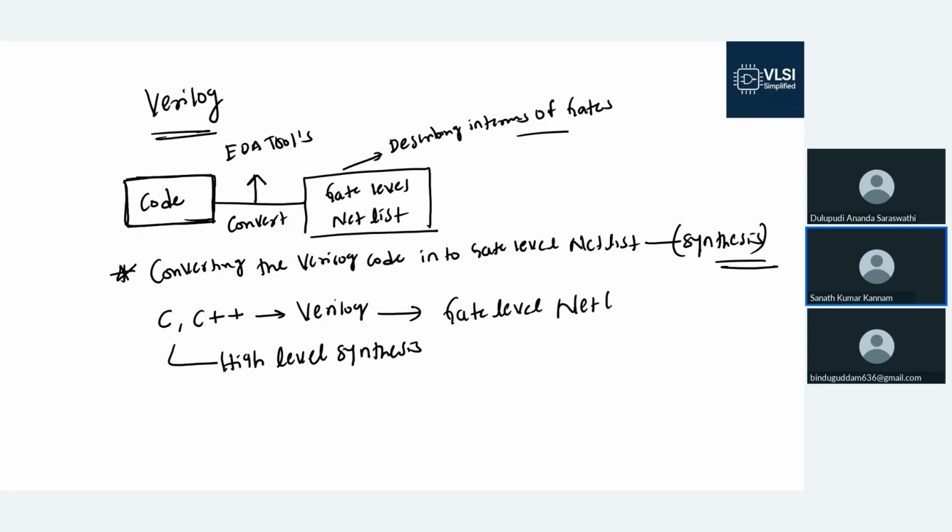The code is given to EDA, electronic design automation tools. Mostly you have Synopsys tools and Cadence tools, and we can write our program in EDA Playground or use Xilinx Vivado software, so that the EDA tools convert our code into a gate level netlist. That is synthesis.